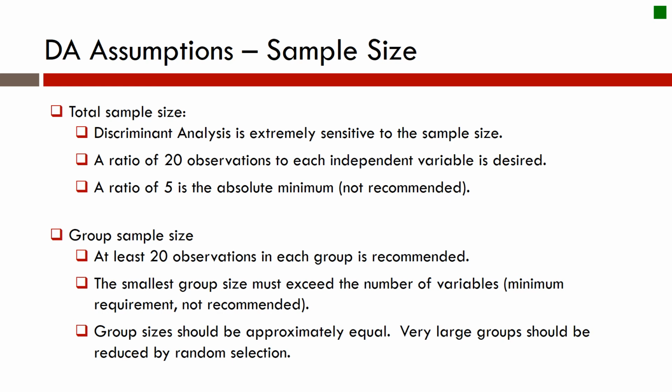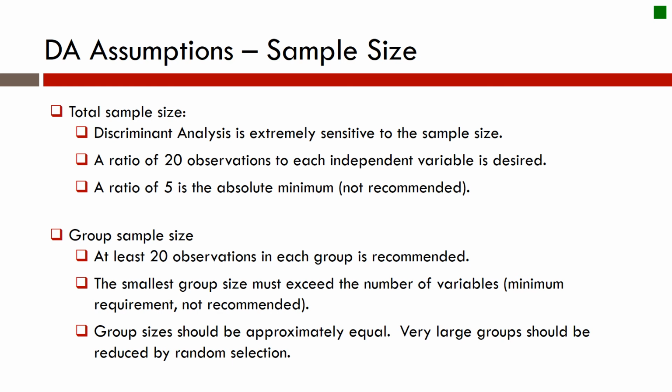We need to have more observations per level than the number of independent variables. So if I have 10 independent variables, I need to have at least 10 responses per level. But of course, that would be met anyways, so that's not that big a deal.